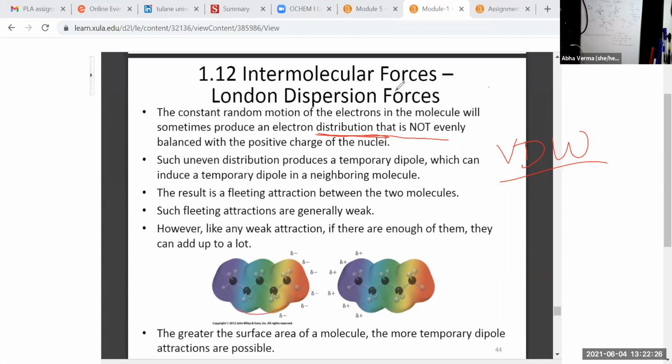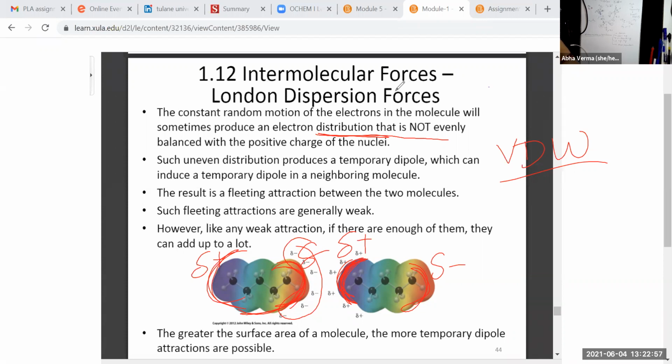So if you look at this molecule, because of the friction between two molecules, one area will become partially negative. This will be the partially positive area. Again, because of that uneven distribution of electrons, one part is partially positive, partially negative, partially positive. Line up. This is your partially negative area.